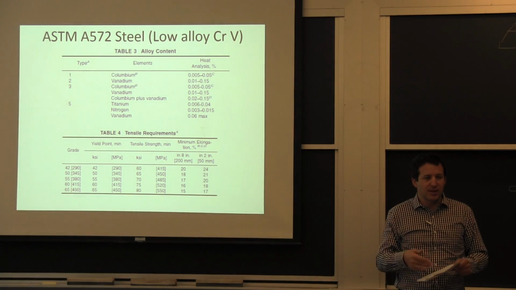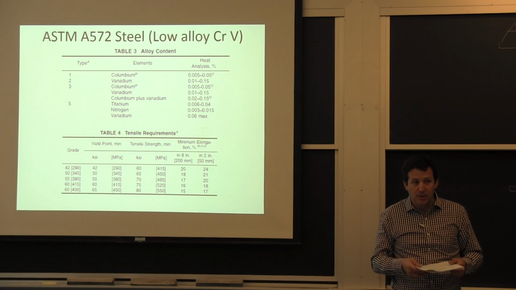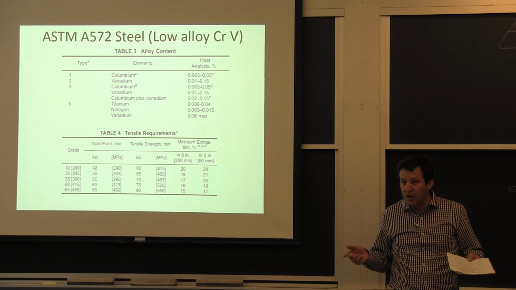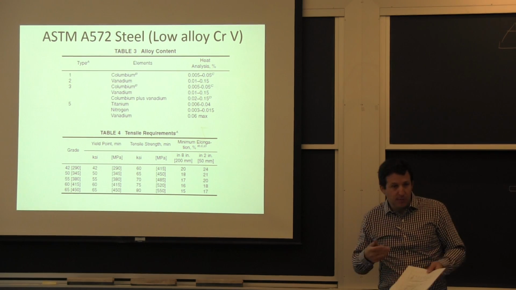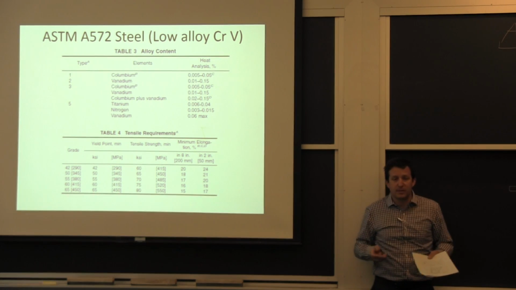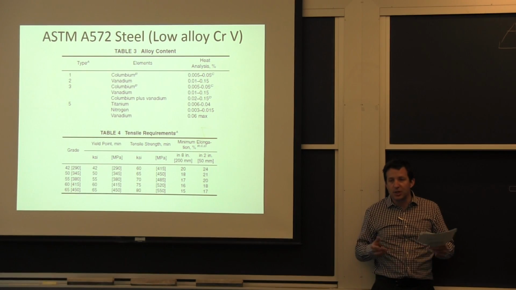I need to run the test the way ASTM wants me to run it for that specific shape. So there's one ASTM spec for testing steel products. If it's a wire, it's different than a plate. It's different than a sheet.